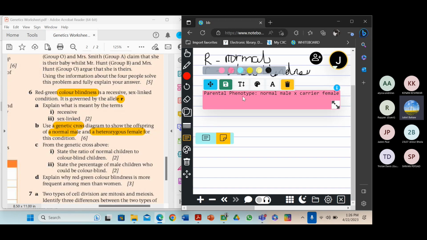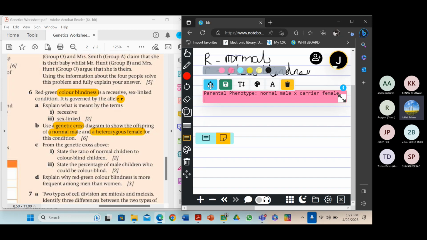So now that we figured out the parents, now we have to figure out the genotype. But we didn't figure it out, they gave you that. They always tell you that. You have to come up with the appropriate symbols. So normal male will be X. I can't type those little fonts, so I'll have to draw it out here.